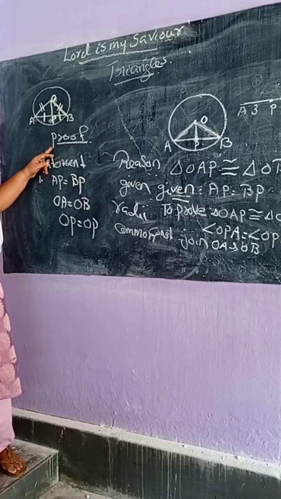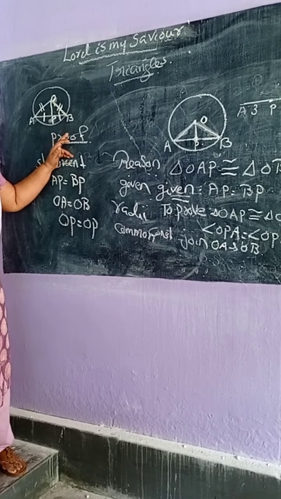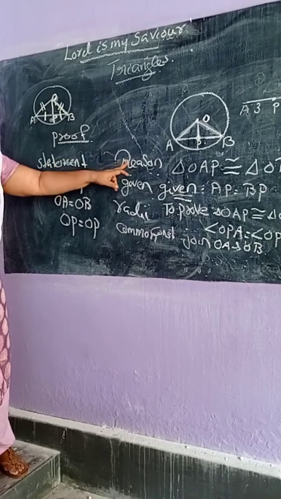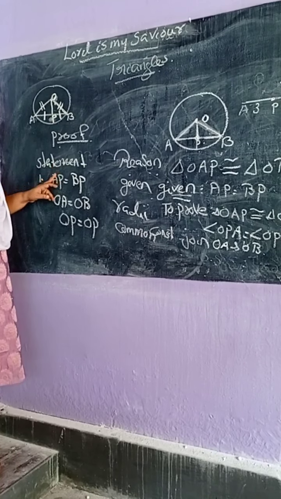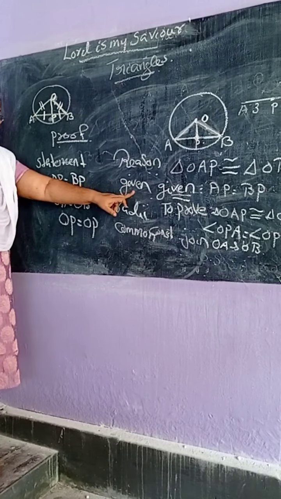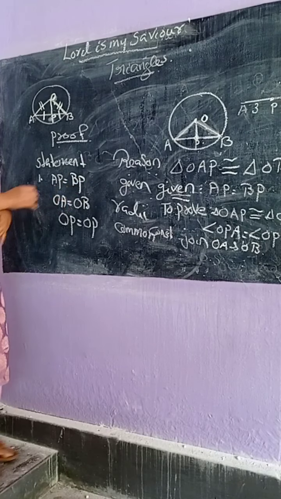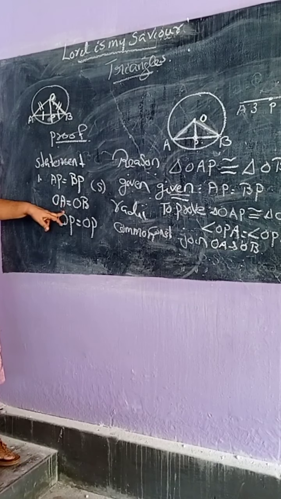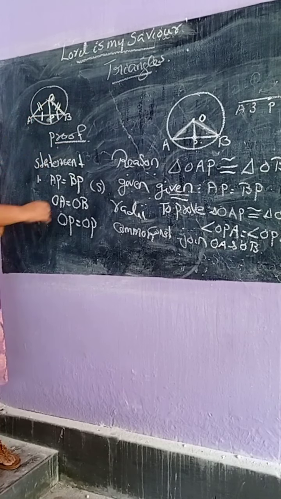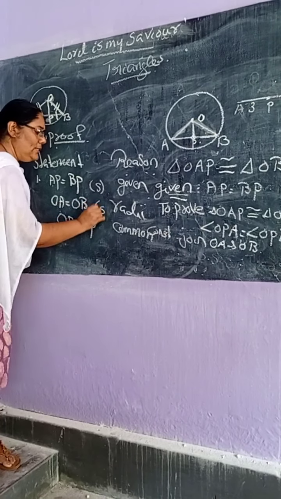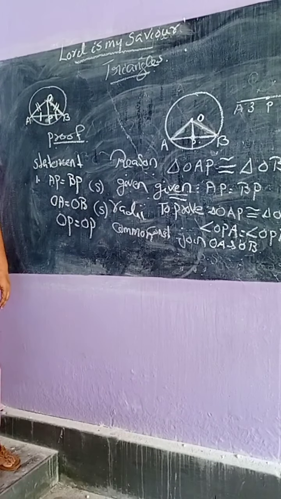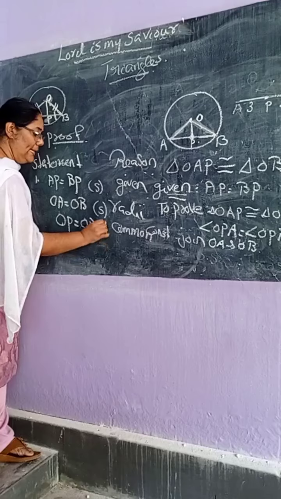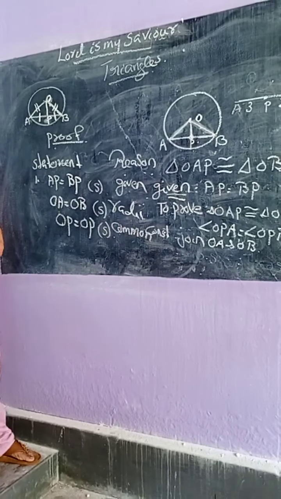Understand? Once again, look here. Actually, the answer starts here. Proof. Statement. Reason. What's the first statement? From the given, we write AP is equal to BP. That is the side S. Then OA and OB are the radii. Therefore, that is also a side S. Then OP equal to OP, common, that is also a side.